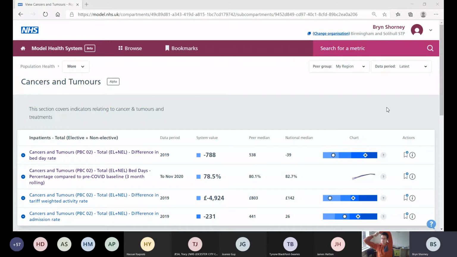Apologies, I should have made that clearer. So yes, this is based on the registered population, so each patient is assigned to a CCG on the basis of the GP practice that they're registered with. Does that answer your question, Nigel, or is there something more nuanced about the case mix you wanted to know?